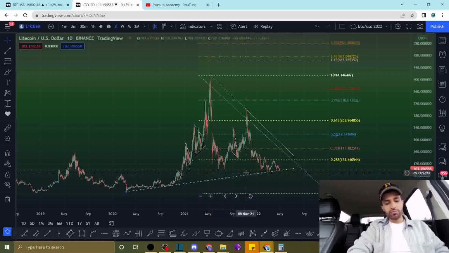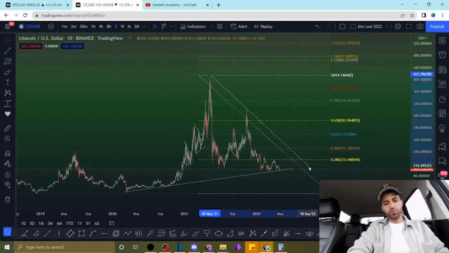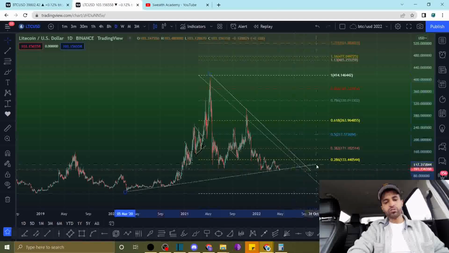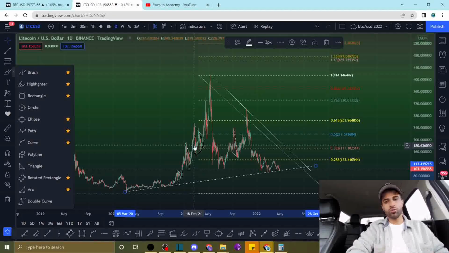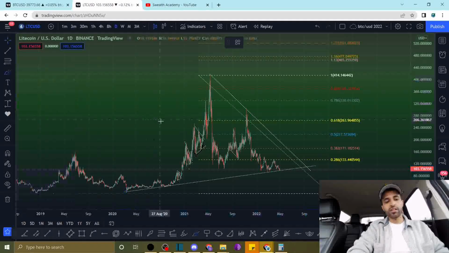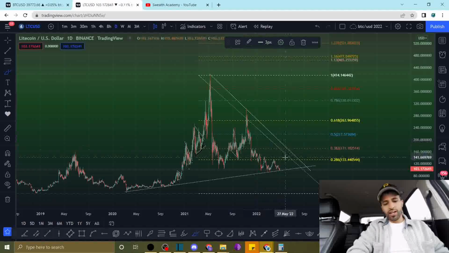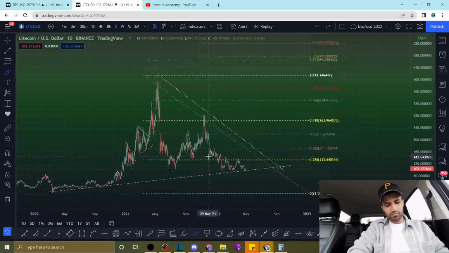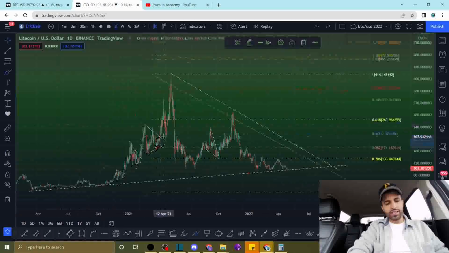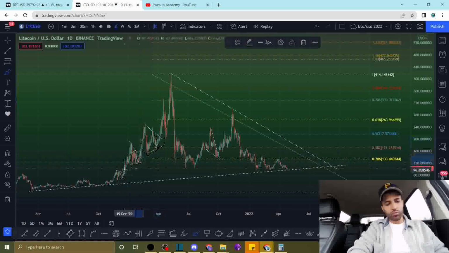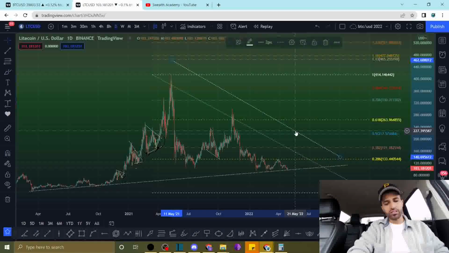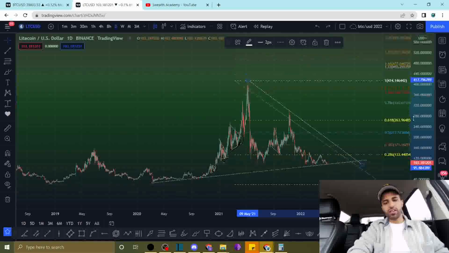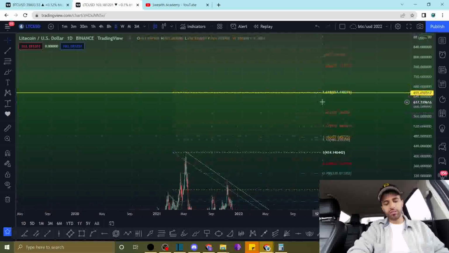So with that being said, when does this breakout really occur? According to our triangle formation, just like what we had with our previous fractals, I'm not going to go into depth with them again. Once price action nears the apex, in other words, the end of the triangle, and we break above our upper white dotted line, this is where $600 comes in play.